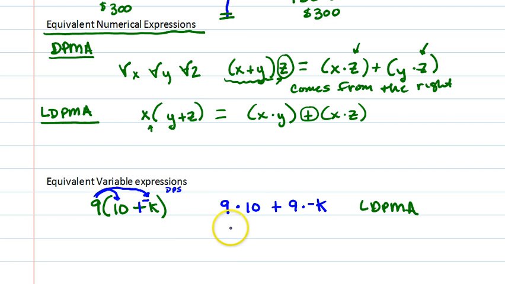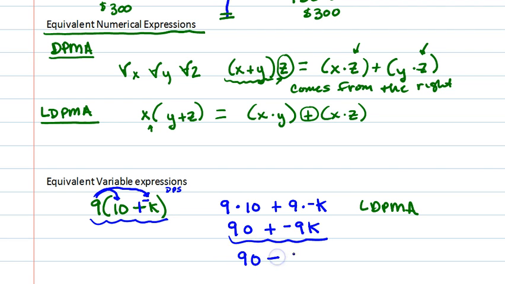Now I can have 90 plus the opposite of 9k. Notice this is further simplified. I can also write this expression as 90 minus 9k, so I can turn it back into a subtraction problem. And you'll find that your book often does this. I like to leave it as an addition problem.